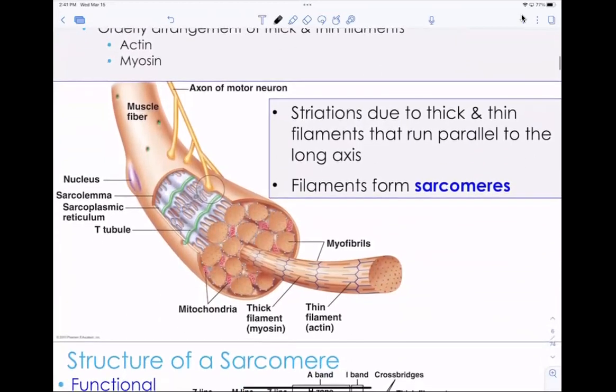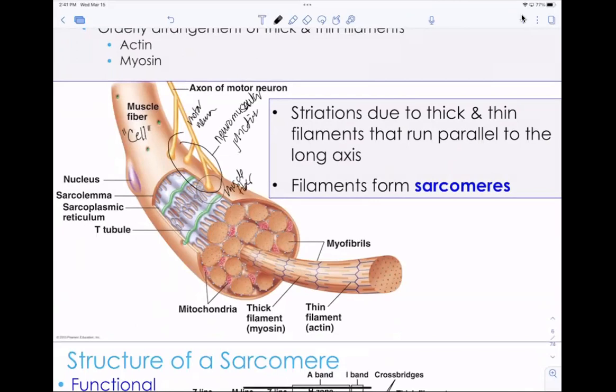So this is kind of showing you a muscle fiber. Remember, this is the cell. So a muscle can contain hundreds and thousands of muscle fibers, so we're just looking at one. Each muscle fiber has its own neuromuscular junction. That is where the nervous system, the motor neuron, has chemical communication with the muscle fiber at the neuromuscular junction.